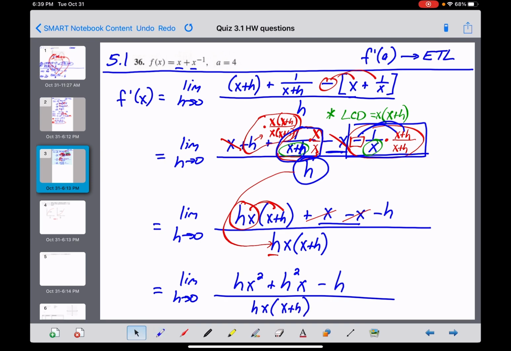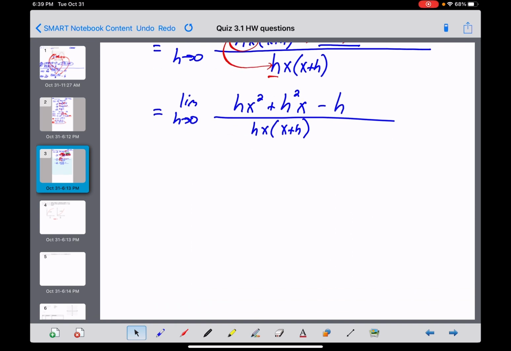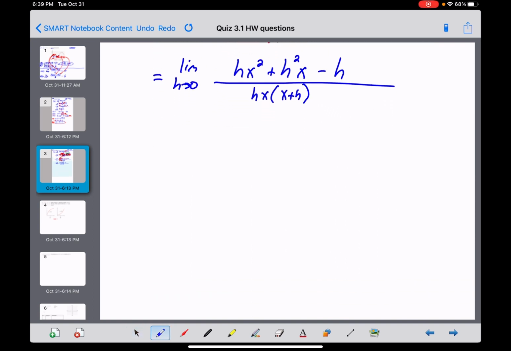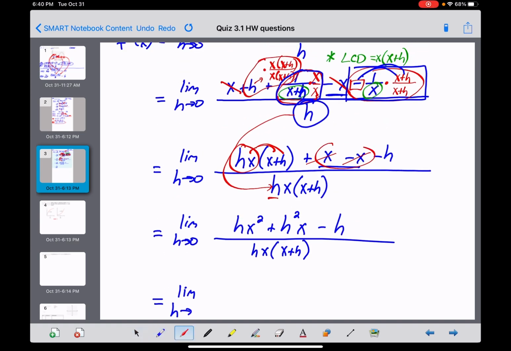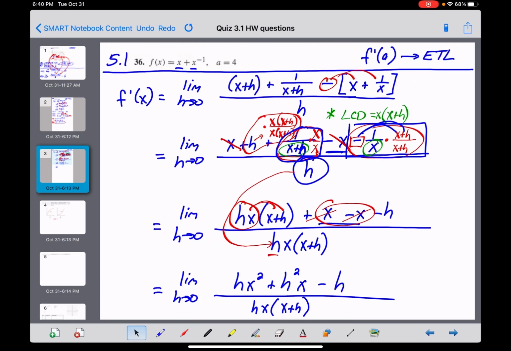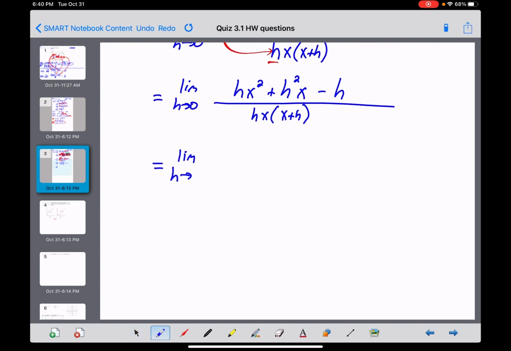Now, one of the things that should happen in all of these problems is that when you get done doing all of your algebraic trickery up in the numerator, all of the terms in the numerator that do not contain an h should have canceled out. And that happened here, guys. These x's right here canceled out, and way back before, where did we see that? There was a minus x, and there we go. This x and this minus x, they canceled as well. The important thing then is that everything left in the numerator now contains a factor of h.